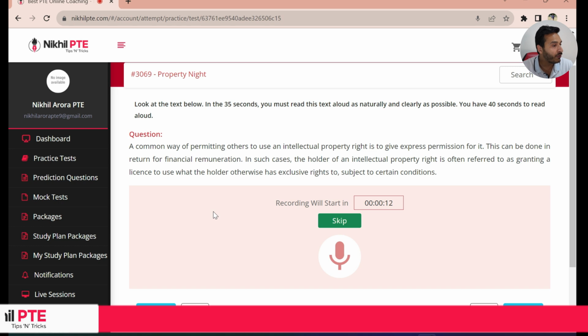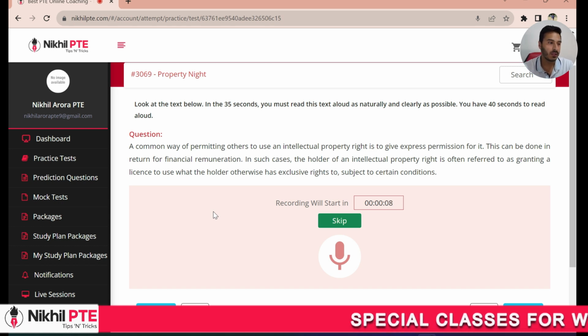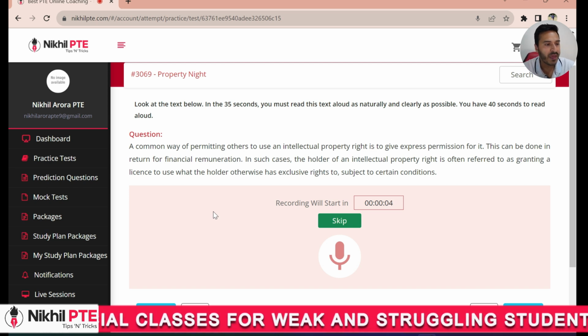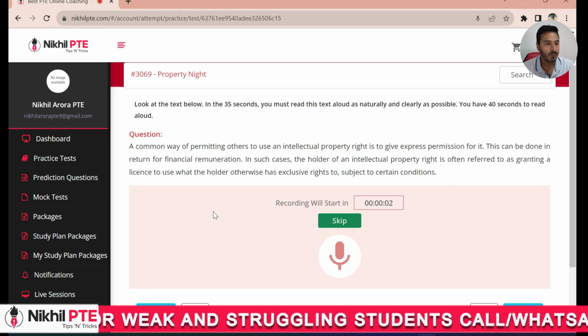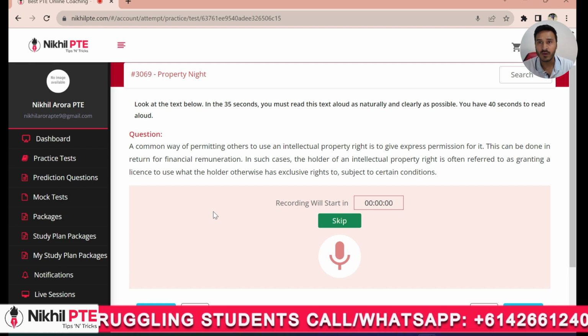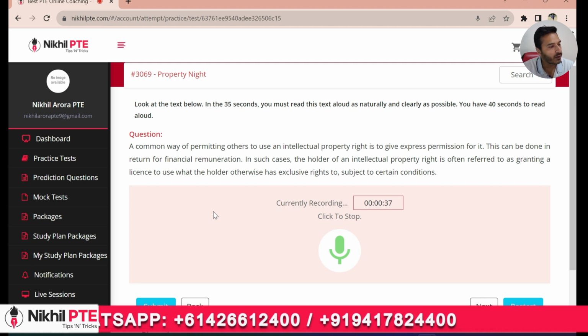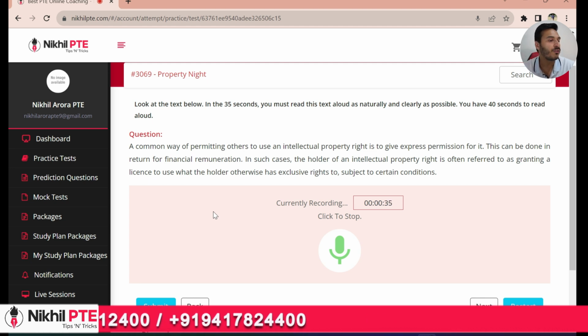This can be done in return for financial remuneration. Leave it, no problem. In such cases, the holder of an intellectual, leave it, property right is often referred to as granting a license to use what the holder otherwise has exclusive rights to, subject to certain conditions. So I am done in just 35 seconds.